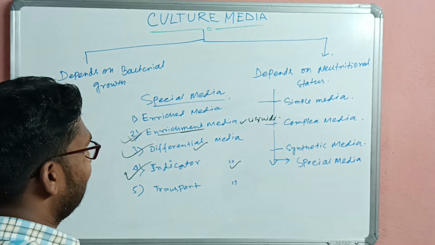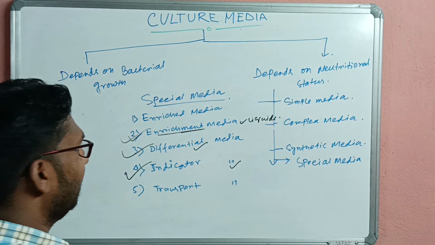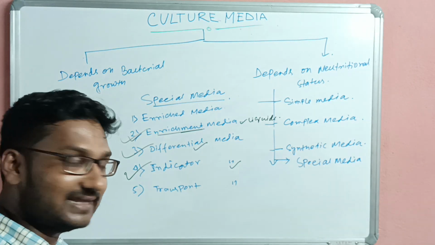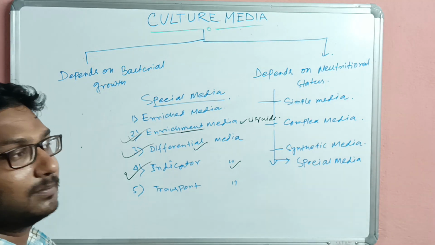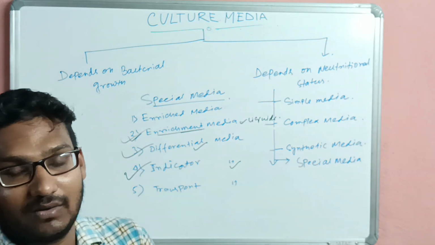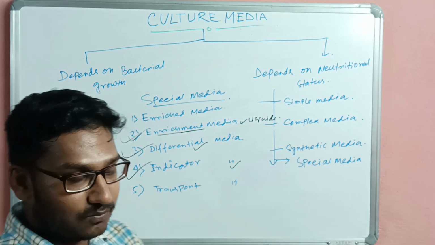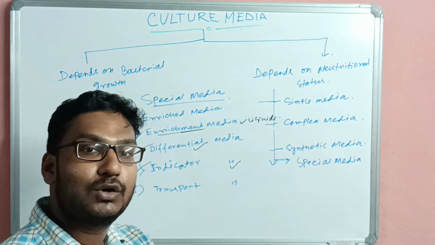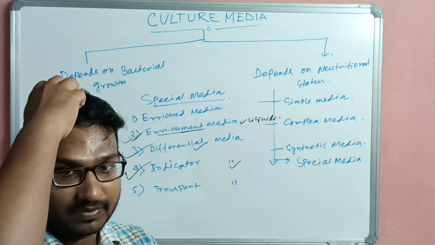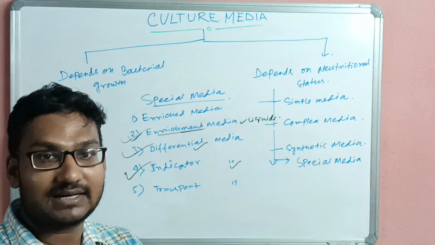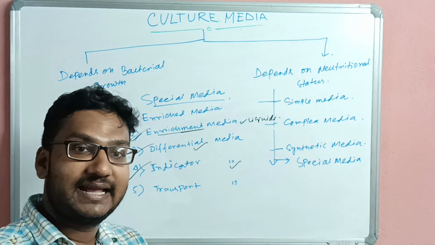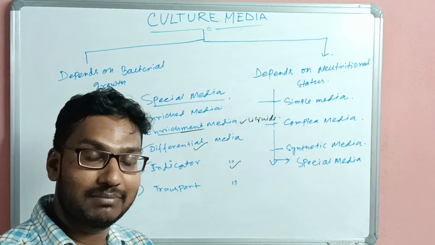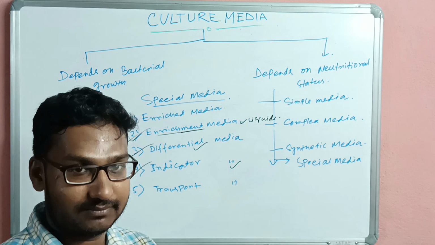And transport media. Generally, this media is used when any organism is transported from one place to another, over a duration of 2 hours, 3 hours, like that. What is the nature of the transport media? It keeps the organism in a viable condition but never allows it to multiply.